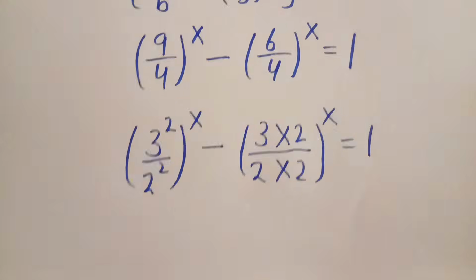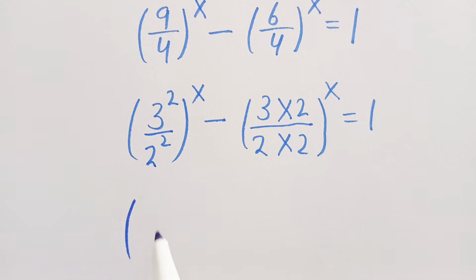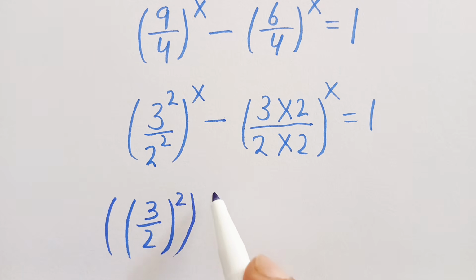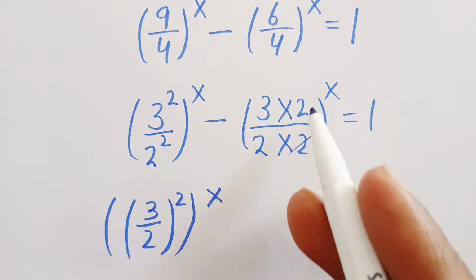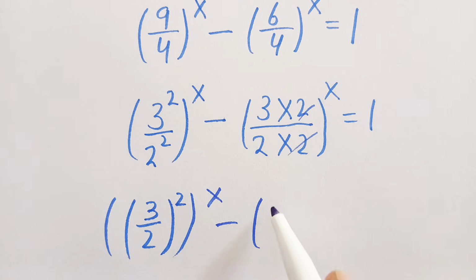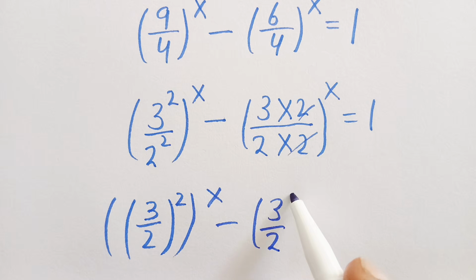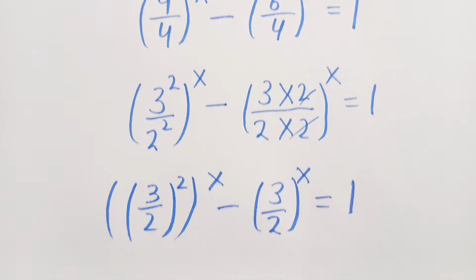Also, we can write this as 3 by 2 whole square whole to the power x, and this will be cancelled by this, minus 3 by 2 whole to the power x is equal to 1.